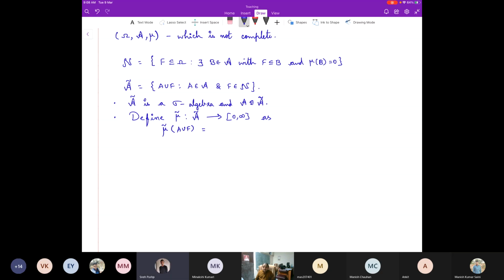That when we restrict mu tilde to A, we get the same mu. Exactly. So when you restrict this mu tilde to A, it should coincide with mu, because we already know mu. We wanted to extend this mu to a bigger sigma algebra.